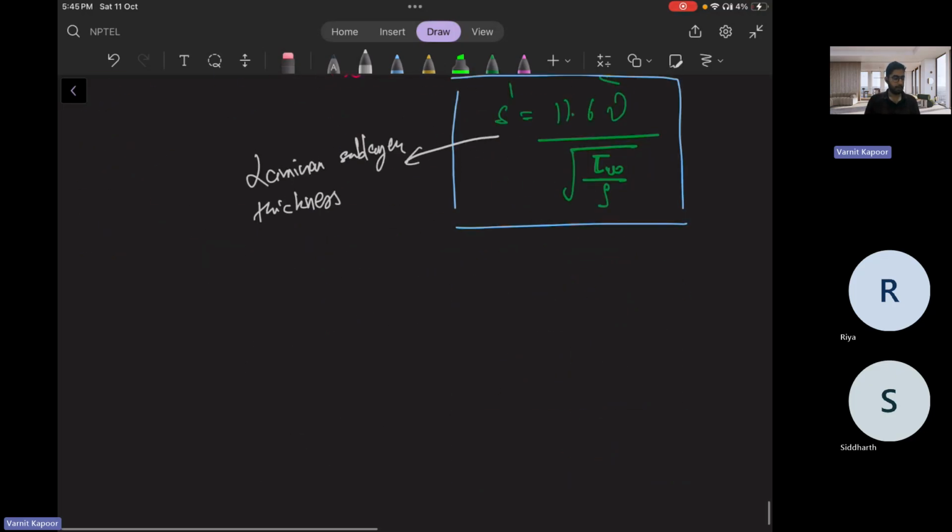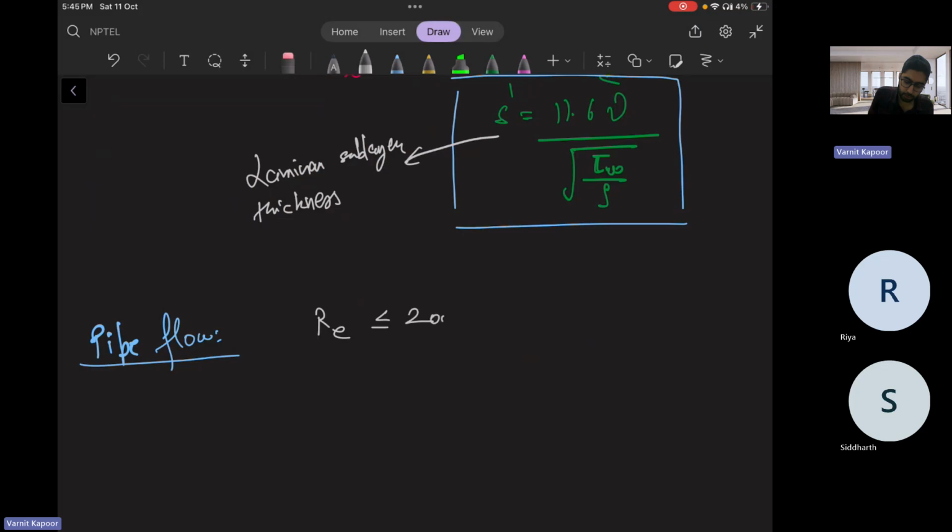Now, if we have a pipe flow, for a pipe flow, this was a flow over a flat plate. But if I have a pipe flow, what is the value of critical Reynolds number? If Reynolds number is less than or equal to 2000, then it is laminar. And if greater than 4000, it is turbulent.